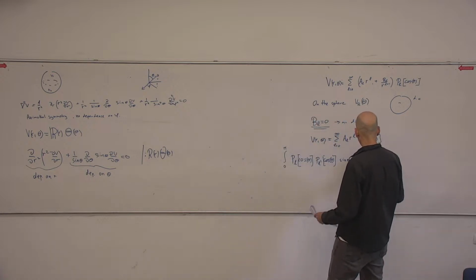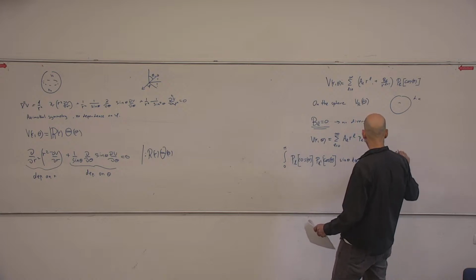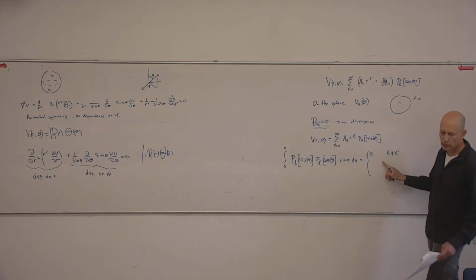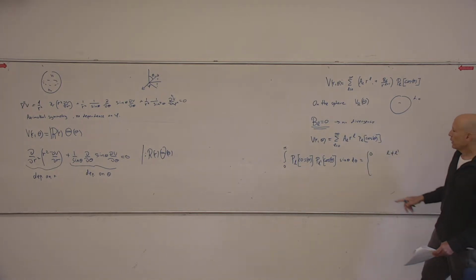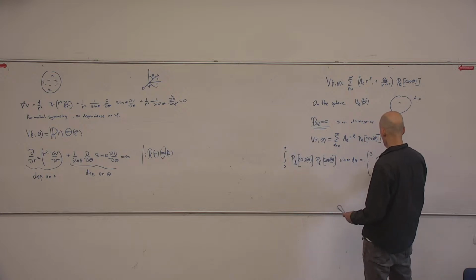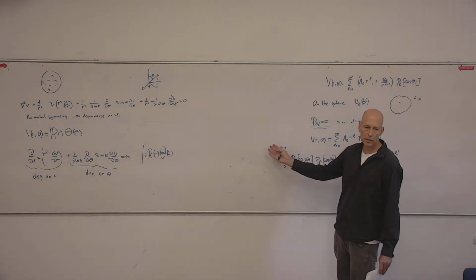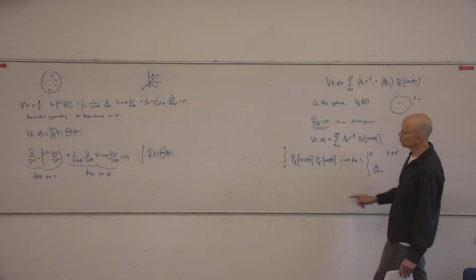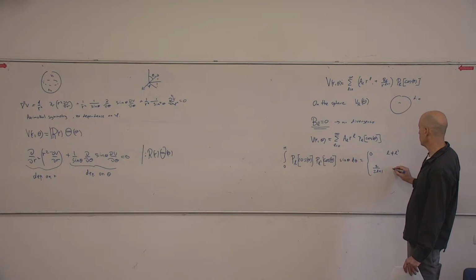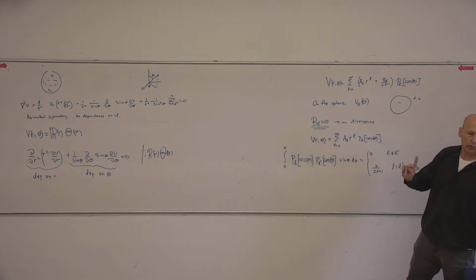This one is equal to 0 if L is not equal to L prime. This is like the Kronecker delta that we had before. And here the normalization is a bit different. It's 2 over 2L plus 1. So if you want, you just multiply this by the other side. It's (2L plus 1) over 2, and then you'll get the Kronecker delta. So this is when L is equal to L prime. So this just states how these two functions are orthogonal to one another.